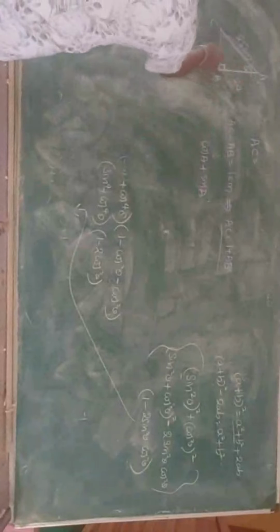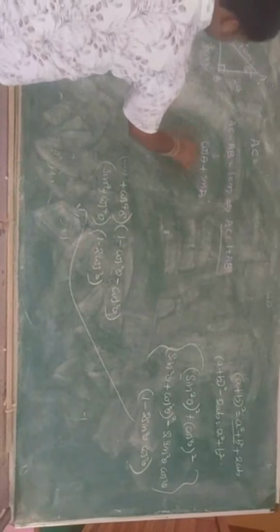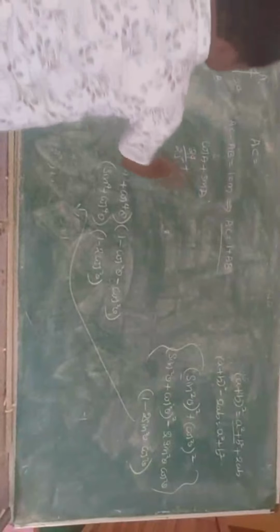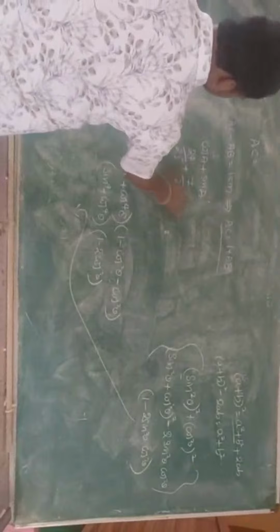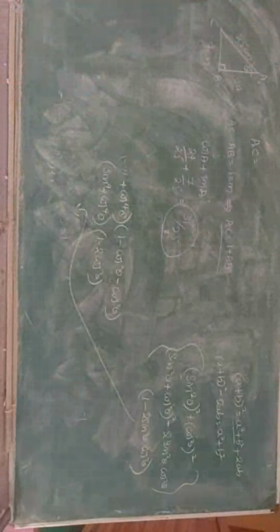So now cos A is adjacent upon hypotenuse, that is 24 upon 25, plus sin A opposite 7 upon 25. 24 plus 7 is 31. So 31 upon 25 is your answer. So the right answer is 31 upon 25. How many have got this? Okay, yes.